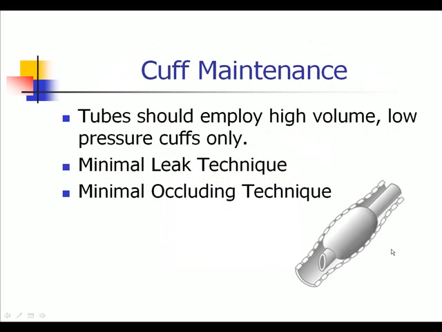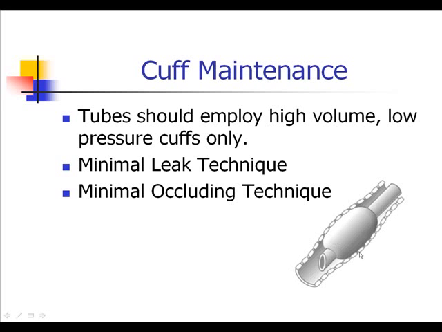One of the things that we should always be cognizant of is the pressure that the cuff could exert on the airway, because any type of excess pressure could result in damage or necrosis to the tracheal wall.